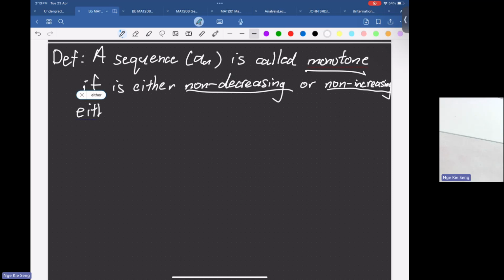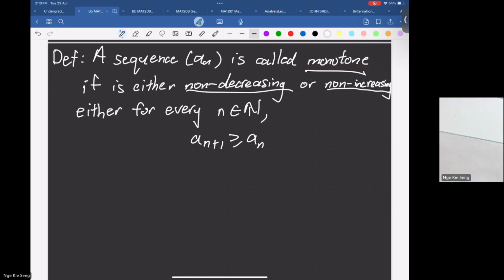So for the first one, non-decreasing, meaning it is not decreasing. If it is not decreasing, what can happen about AN? AN plus 1, the next term, should always be greater than or equal to the previous term. Okay, it's not decreasing, right? So it must be greater than or equal to AN.